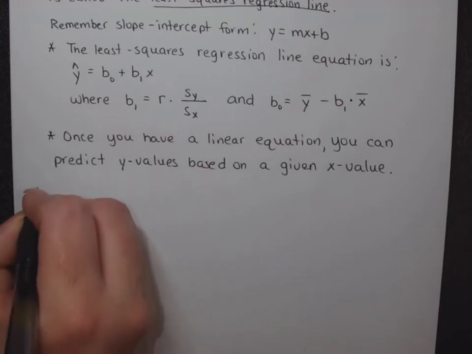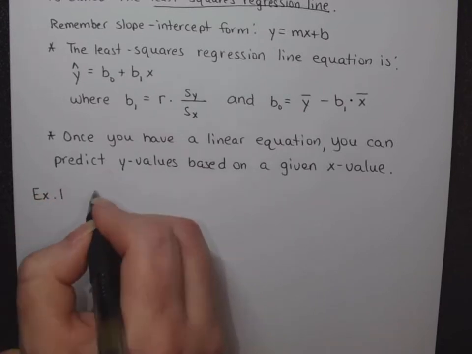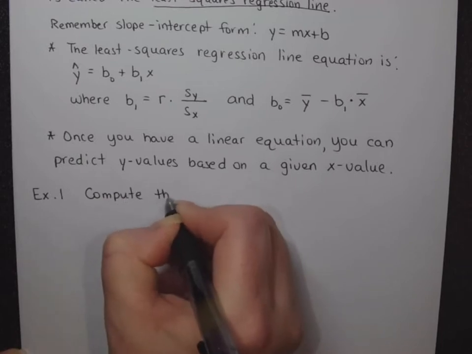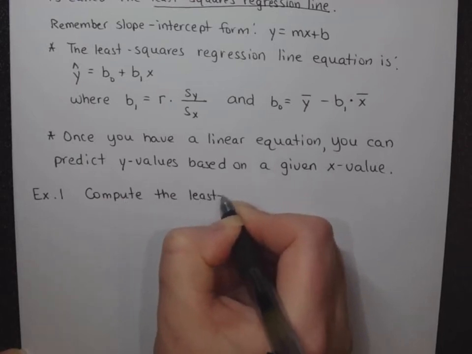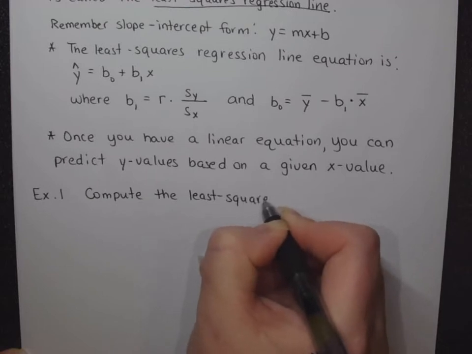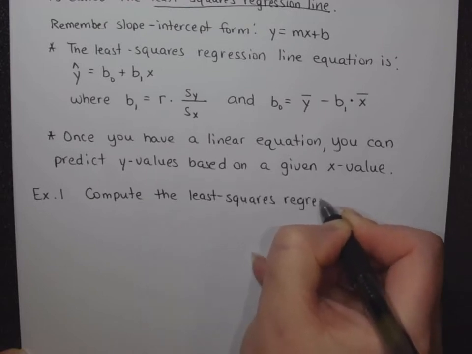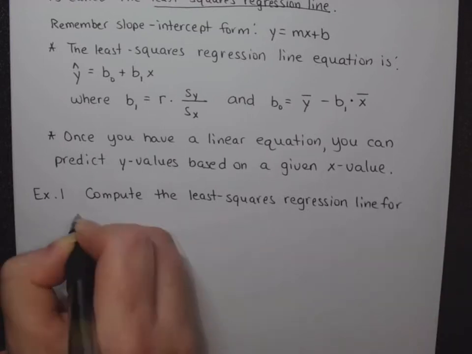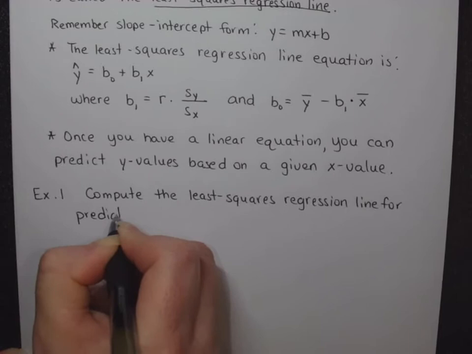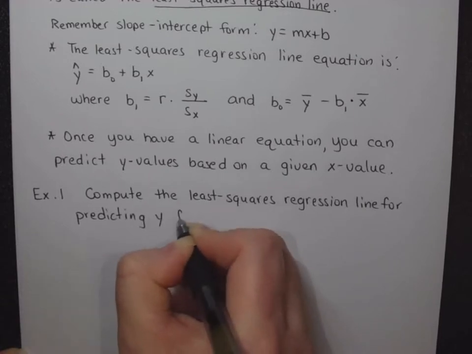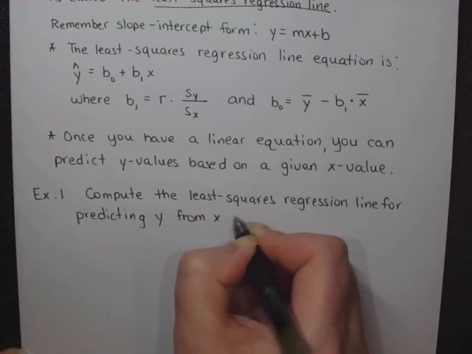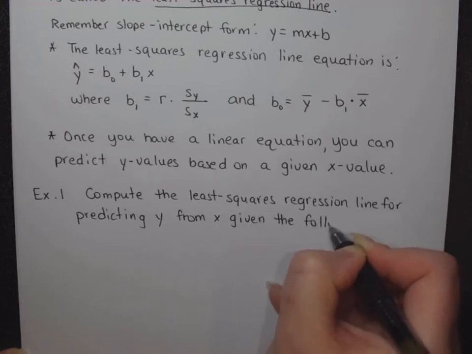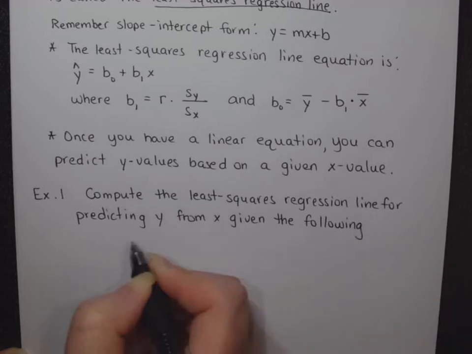Okay, so I want you to compute the least squares regression line for predicting y from x, given the following values.